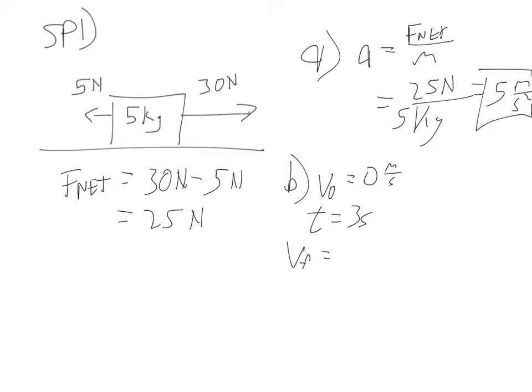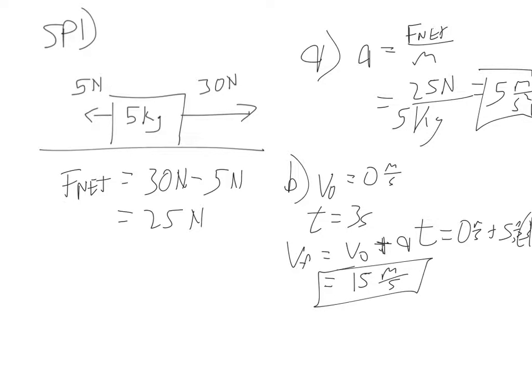If you remember back to the previous chapter, final velocity equals initial velocity plus a times t, which is going to equal 0 meters per second plus 5 meters per second squared times 3 seconds. So we end up with 0 plus 5 times 3, or a final velocity of 15 meters per second.